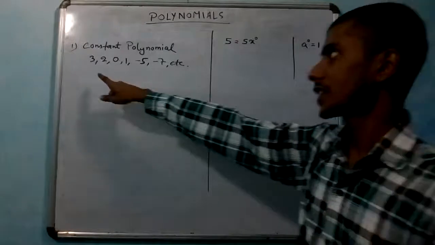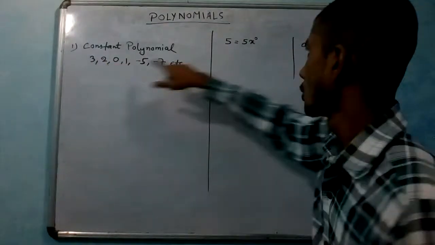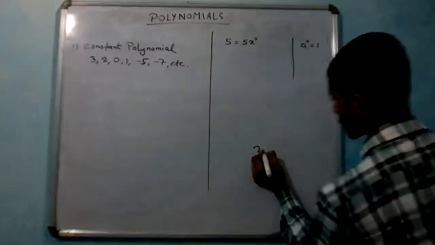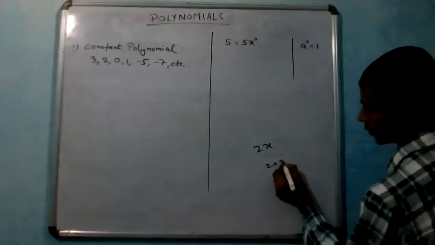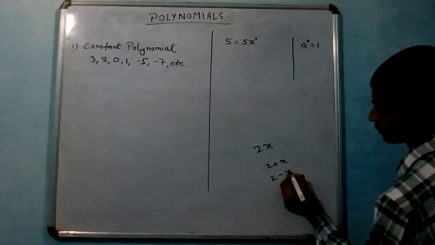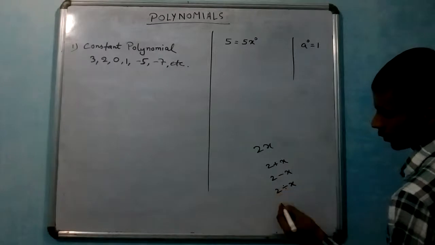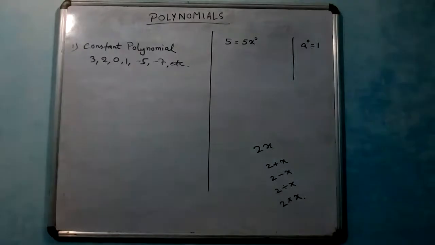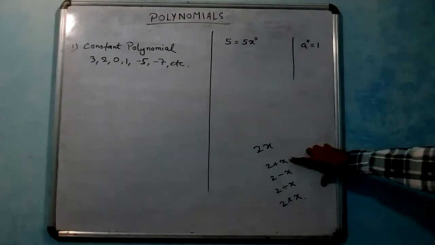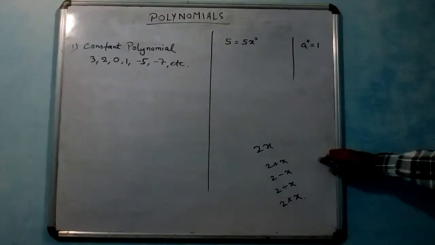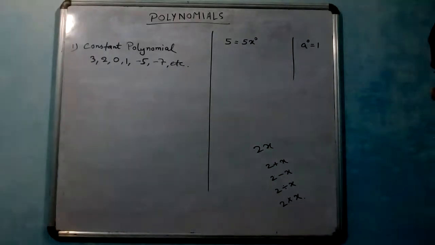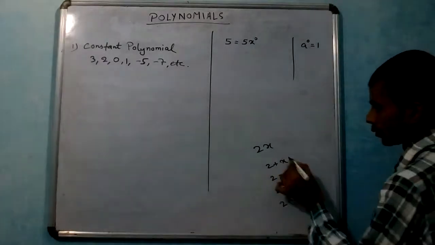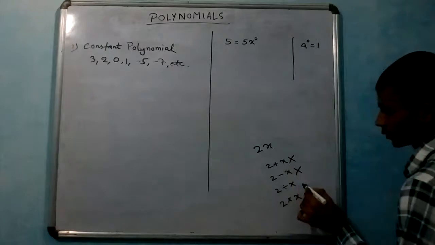We can write 3x raised to the power 0, 2x raised to the power 0. If I am writing 2x, what does it mean? 2 plus x, 2 minus x, 2 divided by x, or 2 into x? It is not 2 plus x, it is not 2 minus x, it is not 2 divided by x.